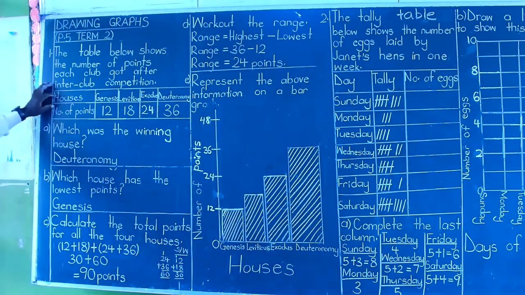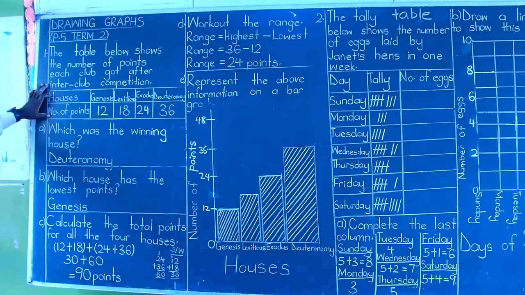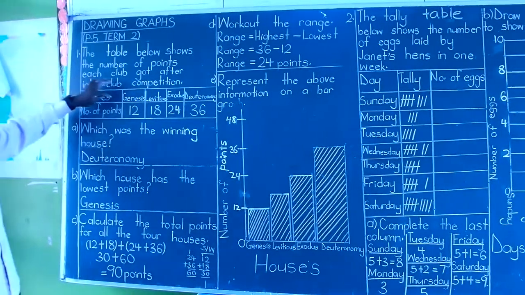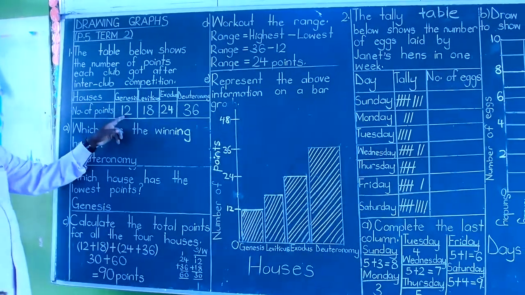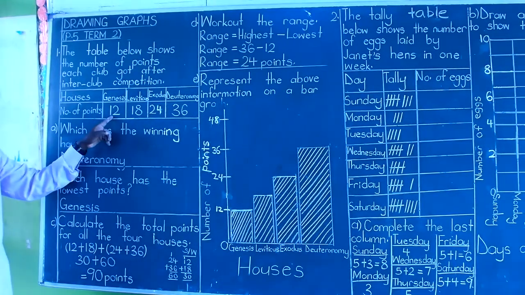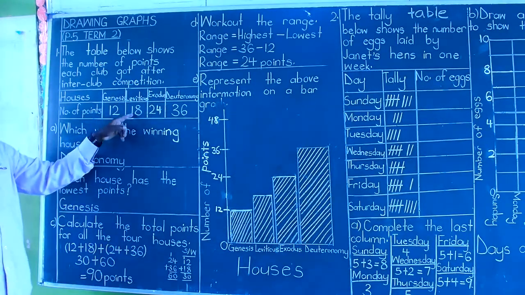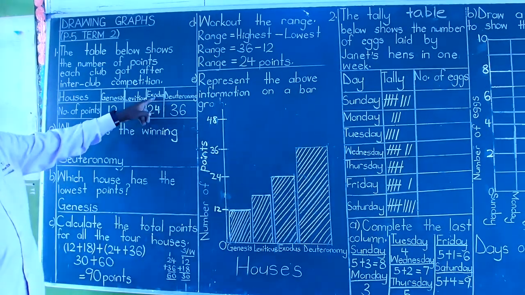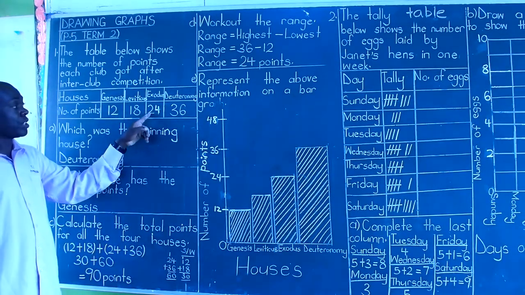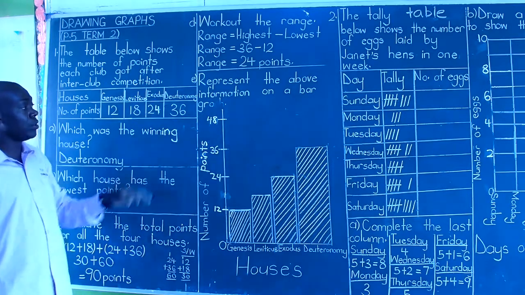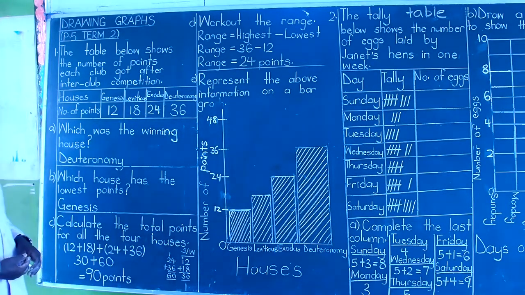So I've got houses and the number of points they acquired. The first house is Genesis. It acquired 12 points. Then Leviticus, it got 18 points. Exodus got 24 points. And Deuteronomy got 36 points.